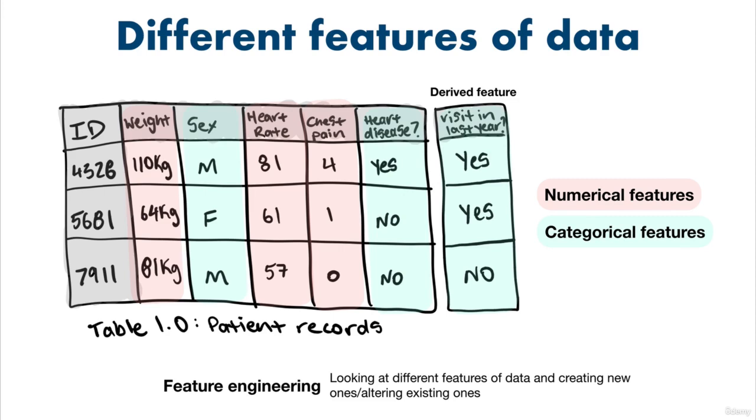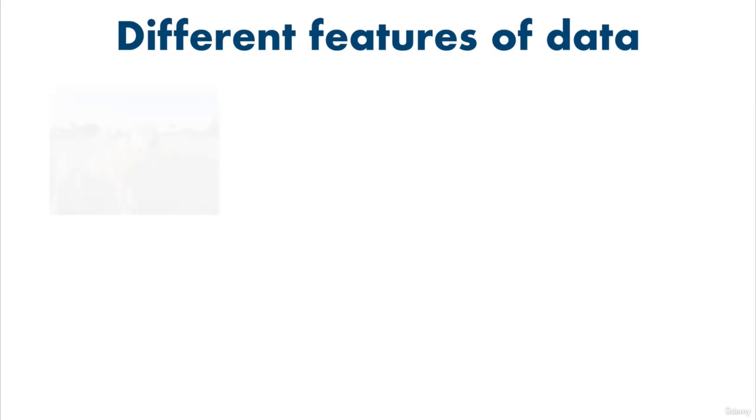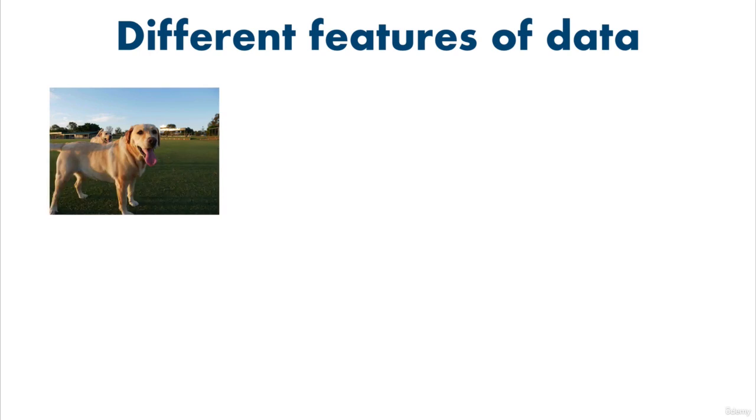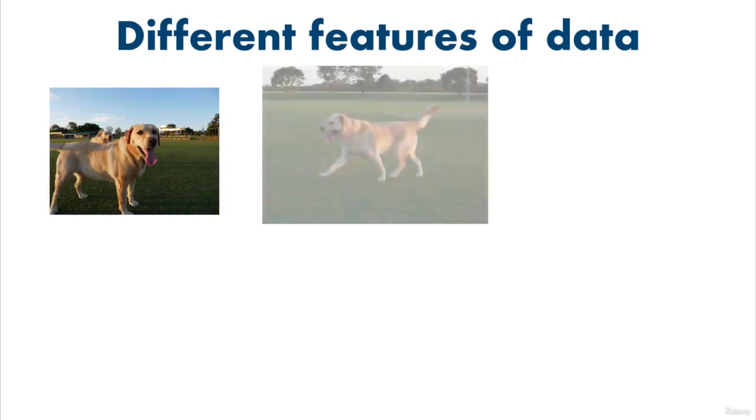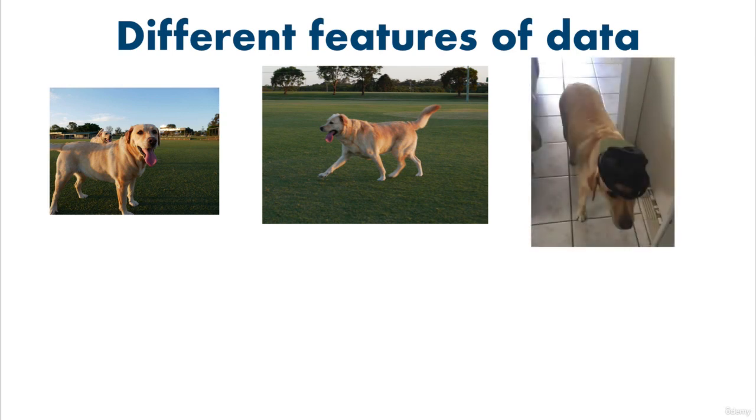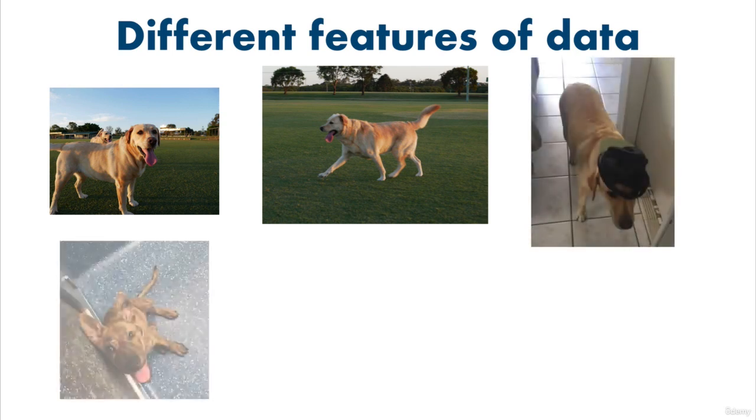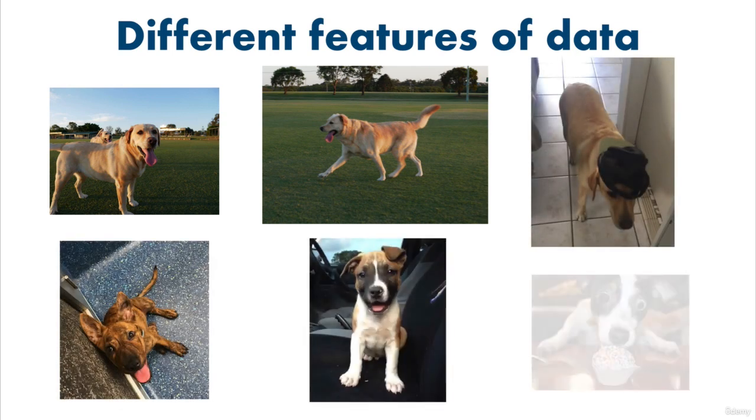Our heart disease example is structured, but unstructured data has features too. They're just a little less obvious. If you looked at enough images of dogs, you'd start to figure out, okay, most of these creatures have 4 shapes coming out of their body. Their legs, and a couple of circles up the front. Their eyes.